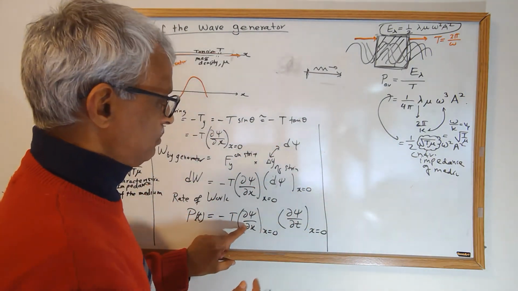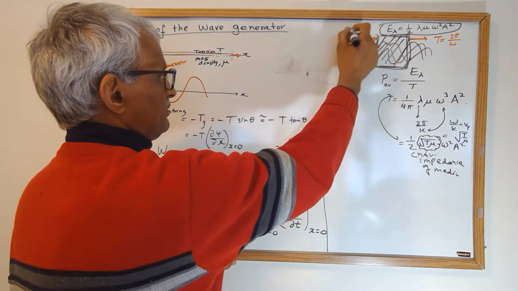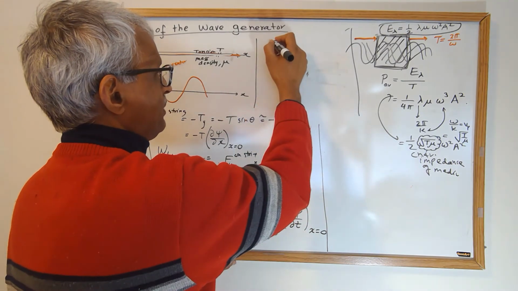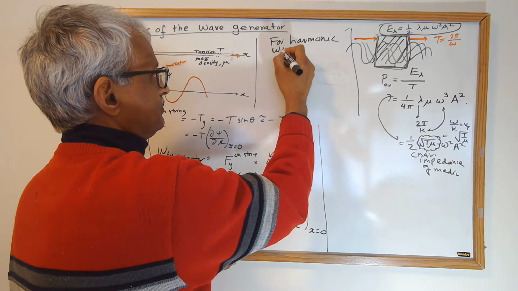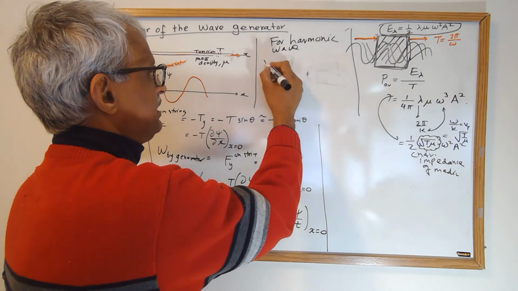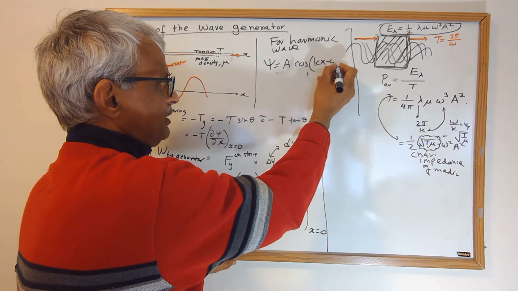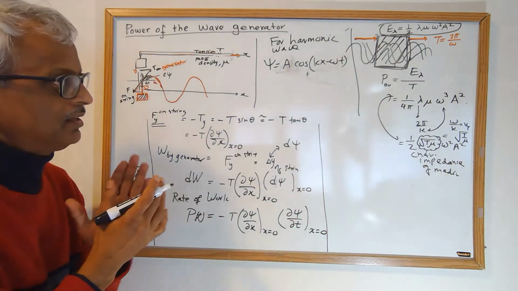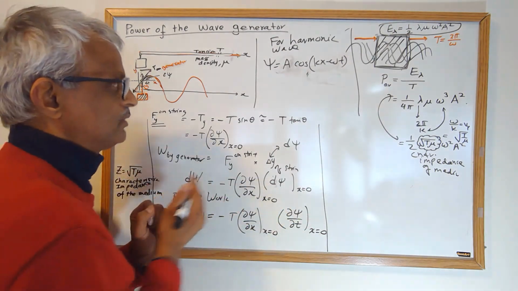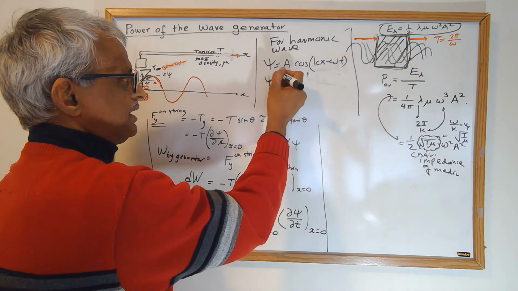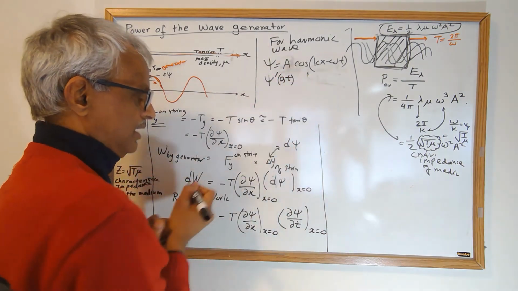So for a harmonic wave, psi will be some amplitude A cosine(kx minus omega t). Right? So I can do the x derivative and the t derivative and find out what it looks like. I need the psi x derivative, evaluated at x equal to 0 at any time.